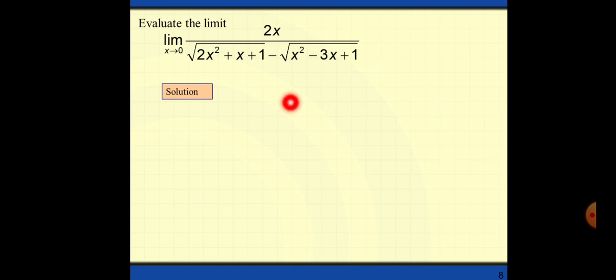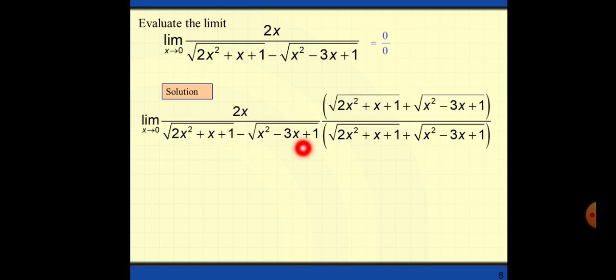Another example here, find this limit. If you use direct substitution, you will get 0 over 0. So we have to multiply by the conjugate because we have root minus root. The conjugate is the same expression, but you have to change the middle sign. Here we have minus, so you have to write here plus.